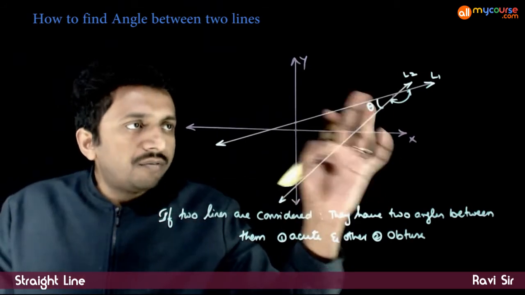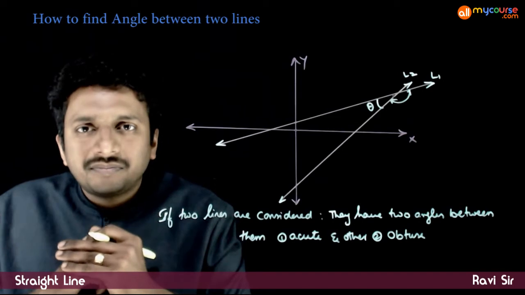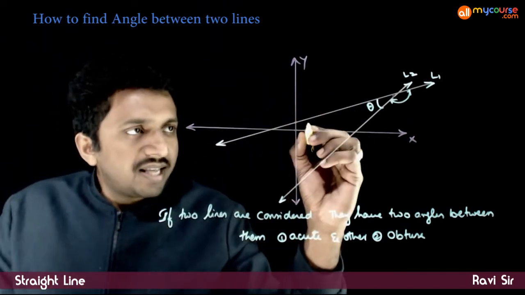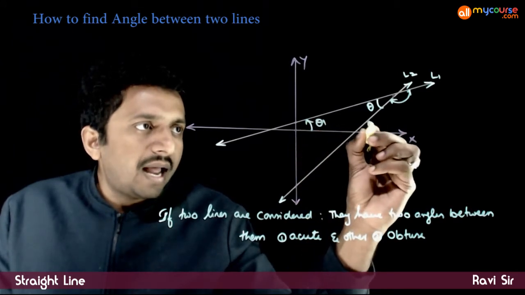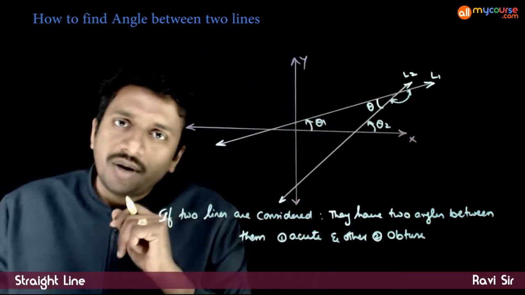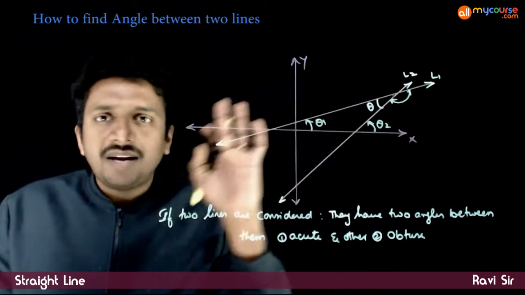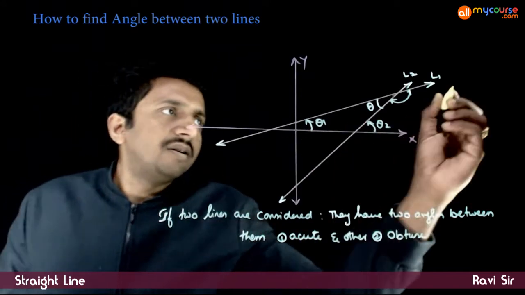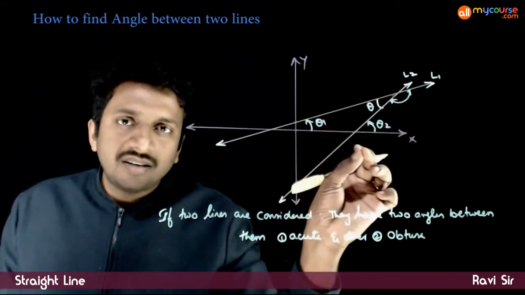Now if I want to find the angle between these two straight lines, what is the information that I need to know? I need to know the directions of these two lines at least. So let us say that I know theta 1 and theta 2, the inclinations of these two lines. Can I find the angle between the two straight lines? It is very straightforward, right? The exterior angle is equal to the sum of opposite interior angles in a triangle.